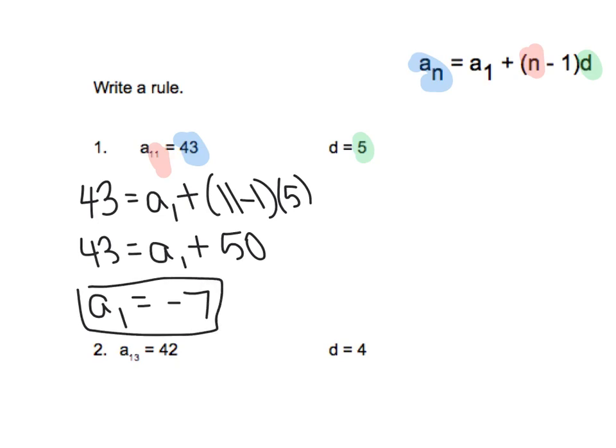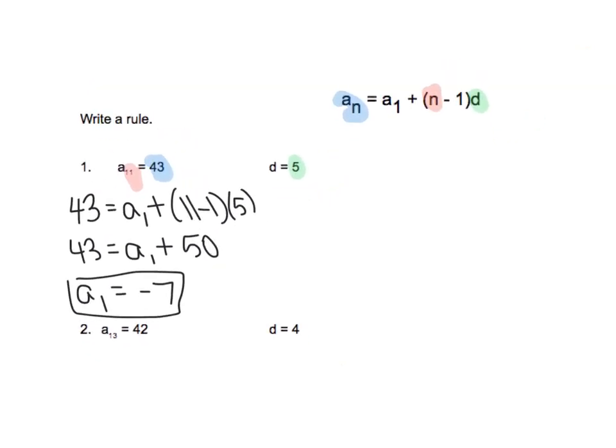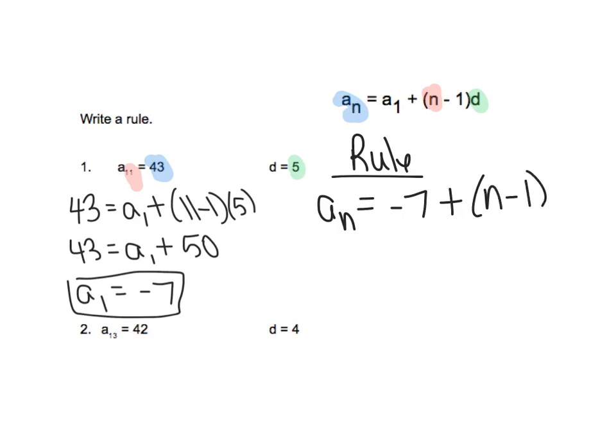Once I have that, then I use my first term and my difference to write my rule. So my rule is going to be a sub n. I now know what my first term is. A sub 1 is negative 7, plus, when I'm writing my rule, n minus 1 is part of it. And I know that d equals 5.